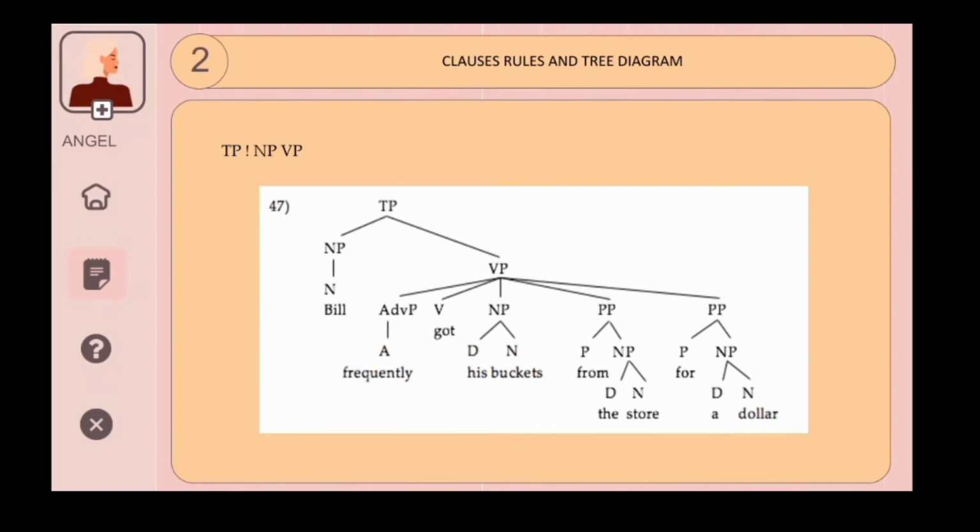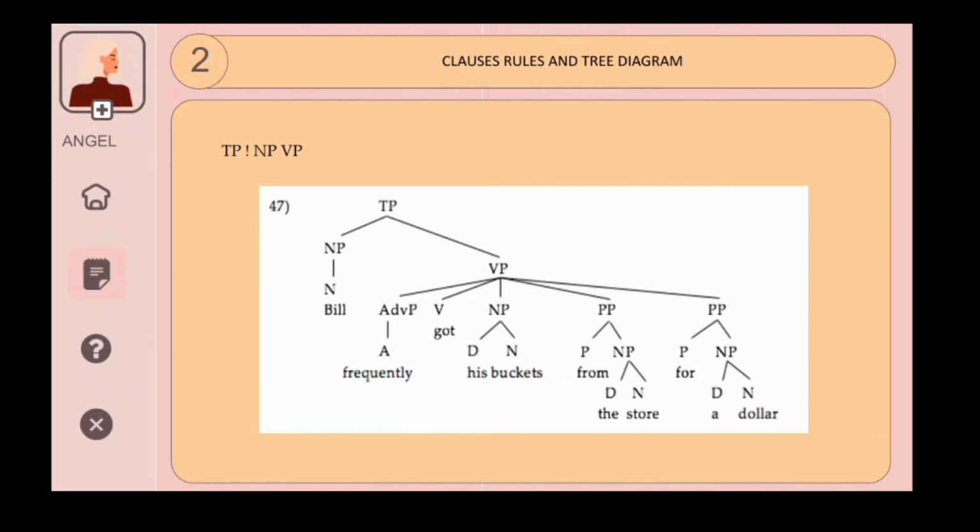So we have the tree diagram here: the tense phrase into noun phrase, or NP, where our noun is Bill, and then we have the verb phrase with the adverb phrase, the adverb frequently, and the verb got. The NP has a determiner his, and the noun is bucket.